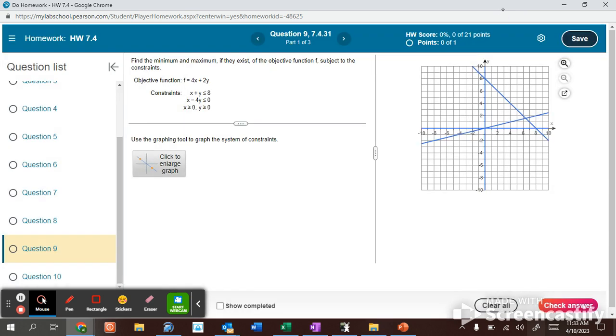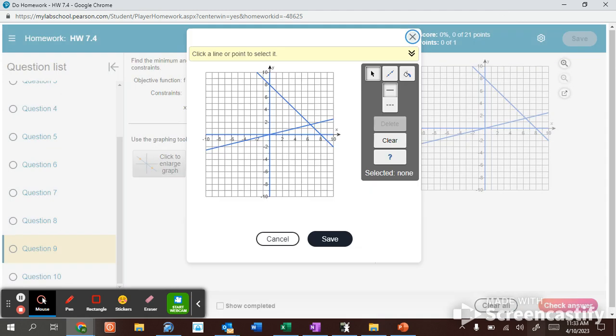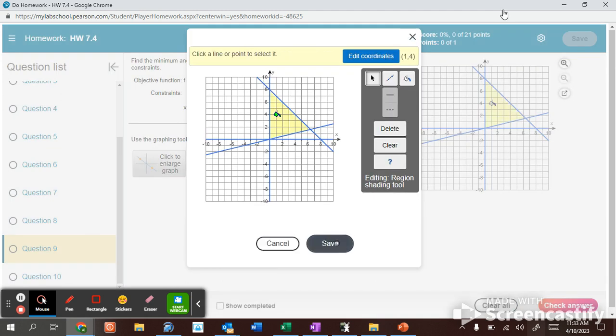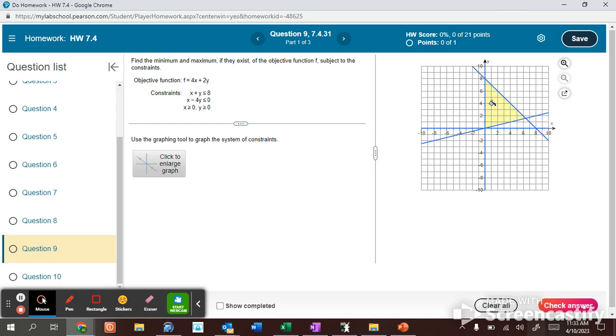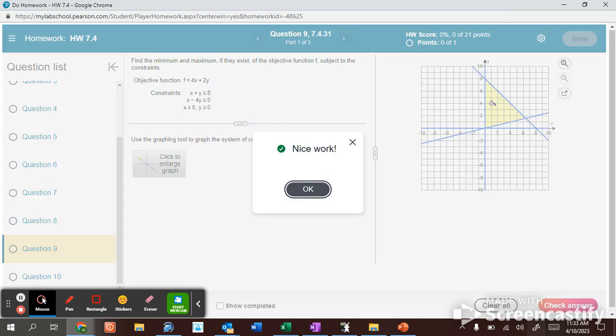Okay? So my shading is going to be right in the middle of that. Okay? So I'm going to check that first.